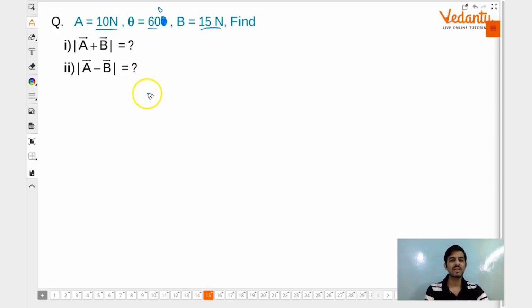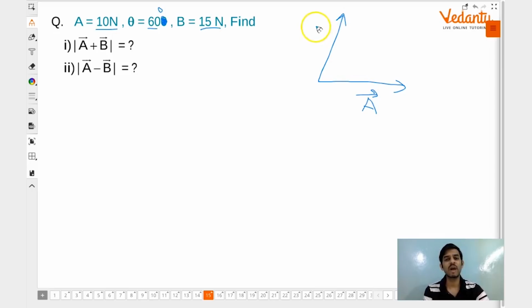Guys, there is no need for tension. Let's first make the diagram. Guys, make it a habit that every time in physics, try to make the diagram, however crude it may be, whether it may be useful or not. Because as I said in my first session also, physics is all about visualization.